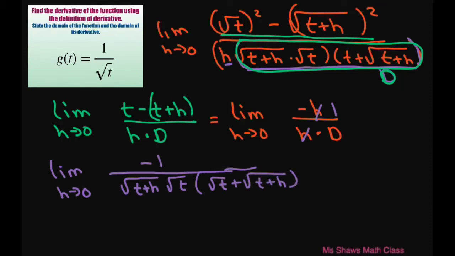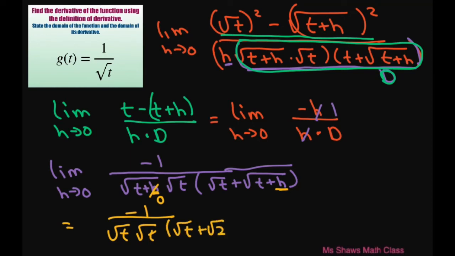All right, let's go ahead and apply our limit for the h's. So that's going to give you negative 1 divided by square root of t times the square root of t, because this will just be 0 there. And then we have square root of t plus square root of t. Oops, not 2, but t.